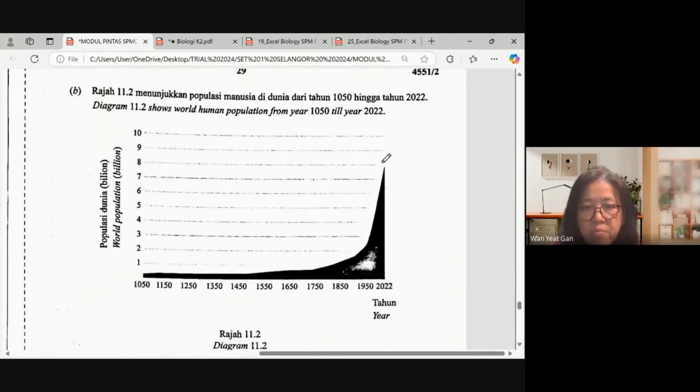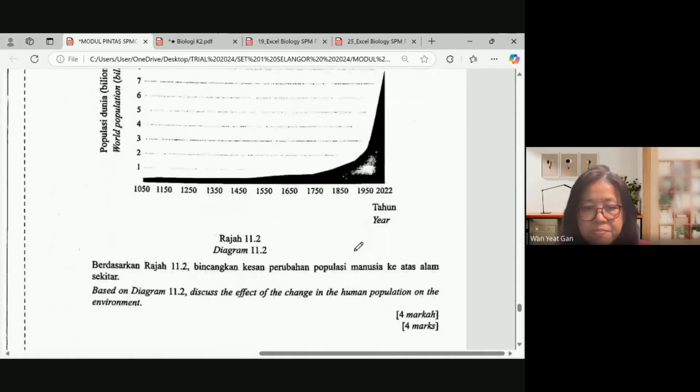Now the world population at 2022 is almost 8 billion, according to this graph here. Discuss the effect of the change in human population on the environment. Now, we want to see what is the effect of increasing human population on the environment.